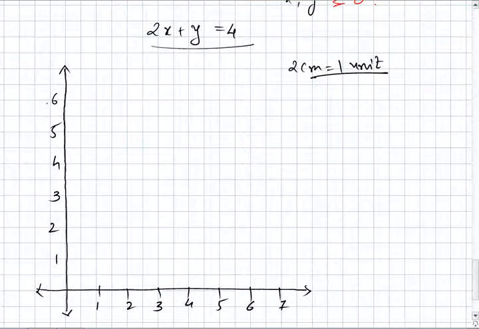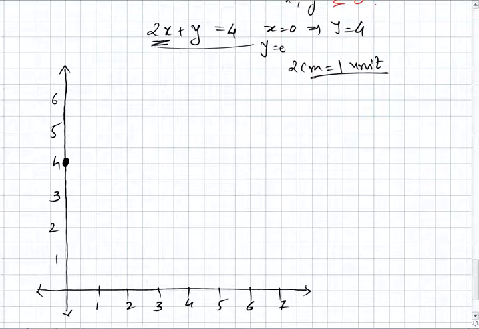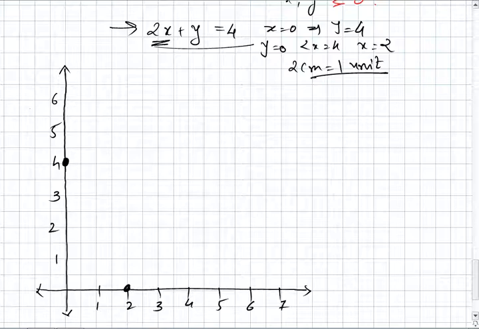So first of all put x equals 0. If x equals 0, then y is 4. So x equals 0, y equals 4, this point. Then put y equals 0, then 2x equals 4, so x equals 2, this point. So these 2 points are on this line, and the line joining them is our required line.